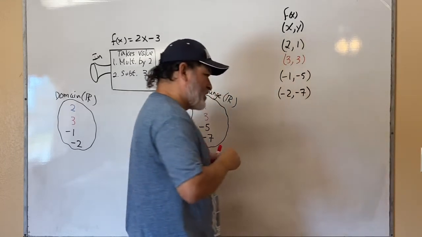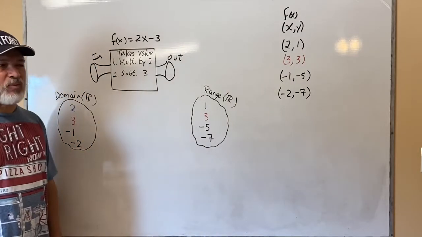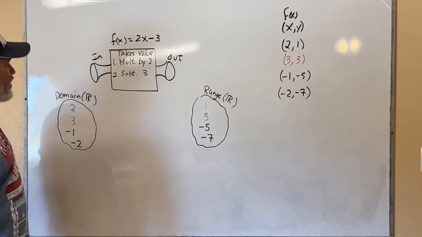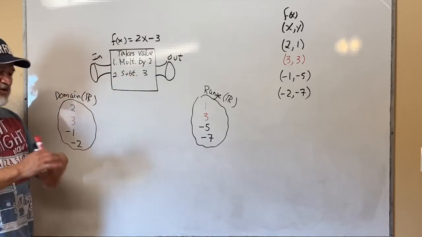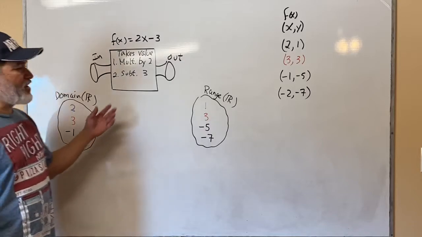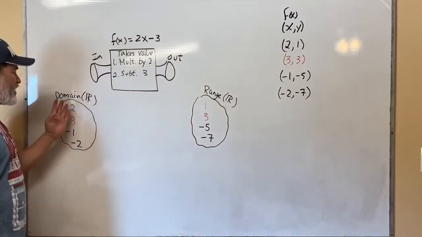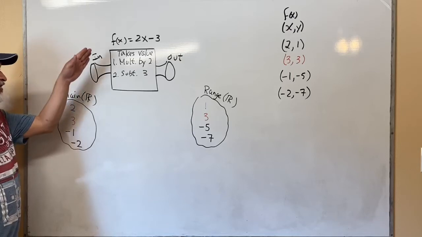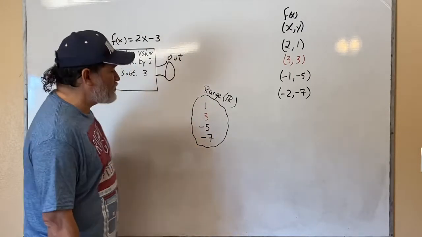So this is what we did in the past with functions. You plug in an x value into the function, it computes, and then comes out a y value. We call this the domain of the function, and this is the range of the function.